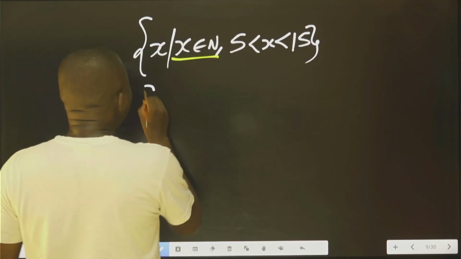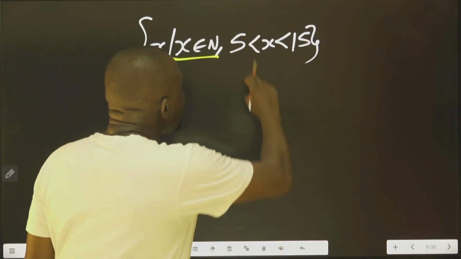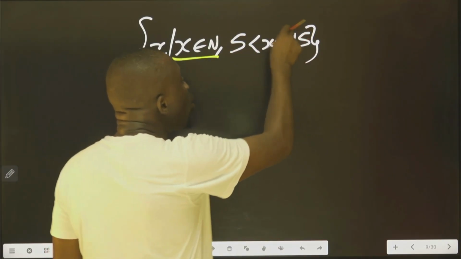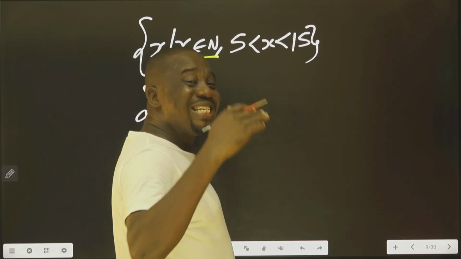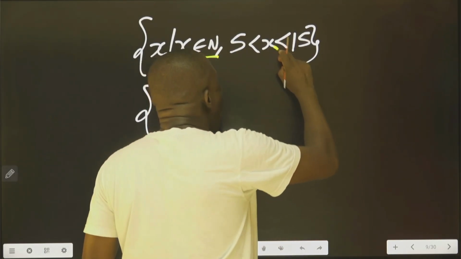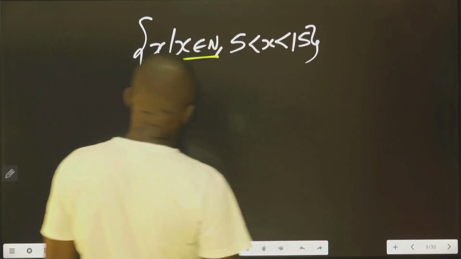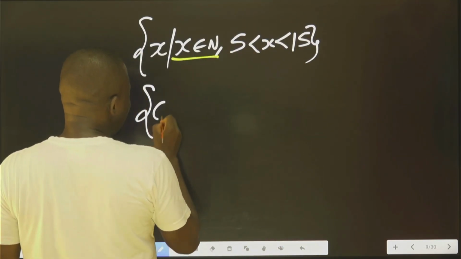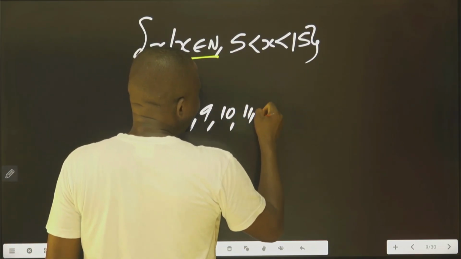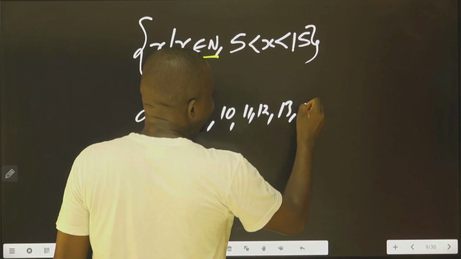Remember, here 5 will not be considered unless we put equal to here, then we start from 5. The same thing, we are not going to include 15 because it says less than 15. 15 is not less than 15, unless we say less than or equal to, but that is not there. Since 5 is less than S, we start from 6, 7, 8, 9, 10, 11, 12, 13, 14.